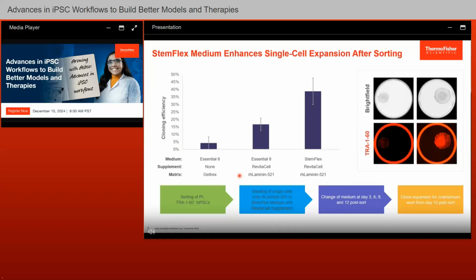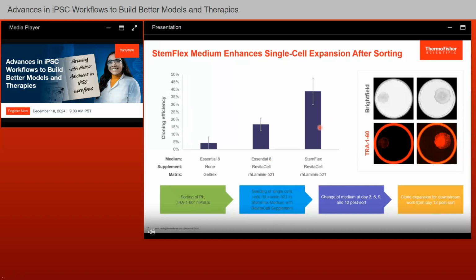In the second condition, the cells were maintained in Essential 8 media, but were also supplemented with the RevitaCell supplement, which is our version of a ROCK inhibitor. And they were also grown onto a laminin-based 521 matrix that is more supportive for the attachment of PSCs. In those conditions, we see that the clonal efficiency is closer to around 15%.